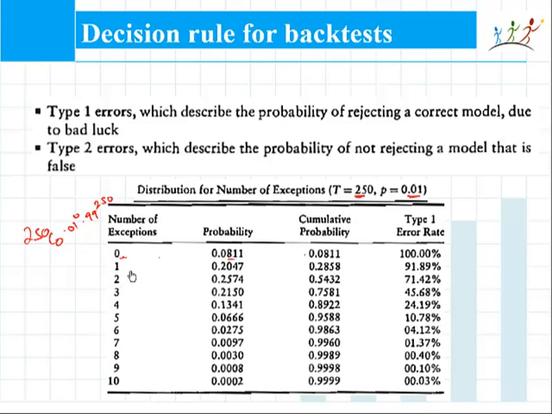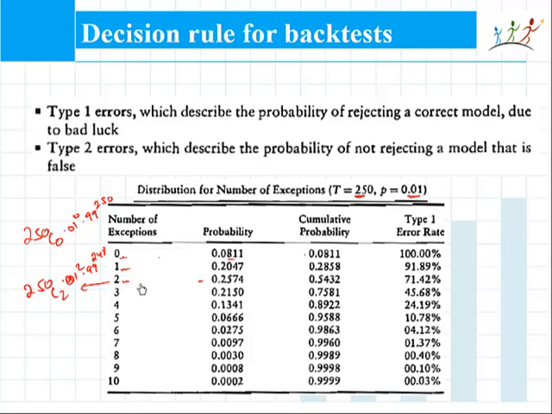Similarly, we can see the probability of getting exactly 1 exception, the probability of getting 2 exceptions, this will be 250 C 2, 0.01 to the power 2, 0.99 to the power 248. This probability comes out to be 25.74%.